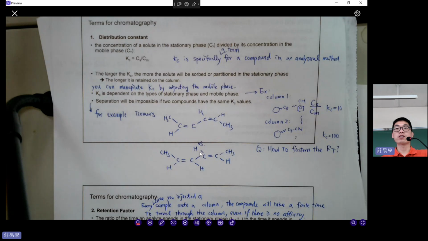The only difference is that one is cis and the other is trans. In this case, they tend to have very similar Kc, making them very difficult to separate using chromatography.